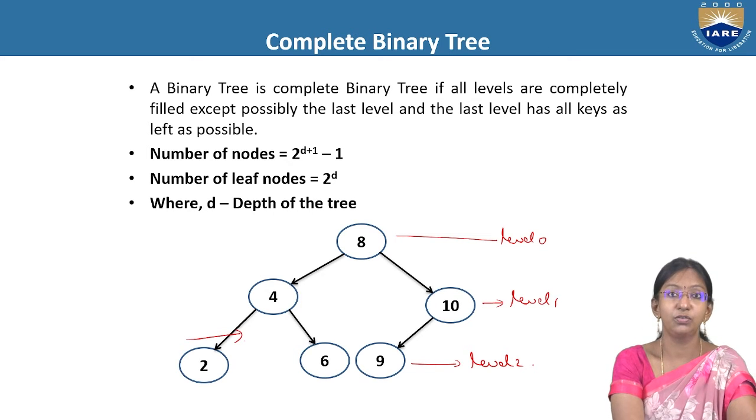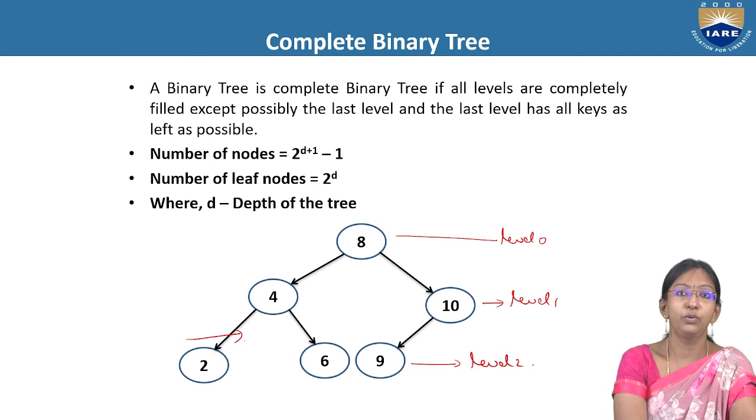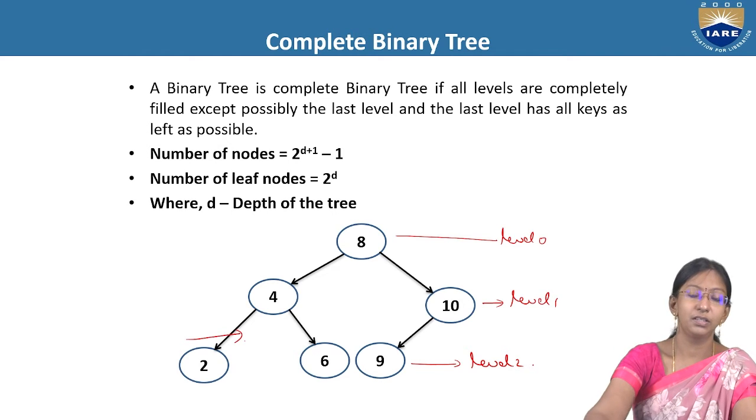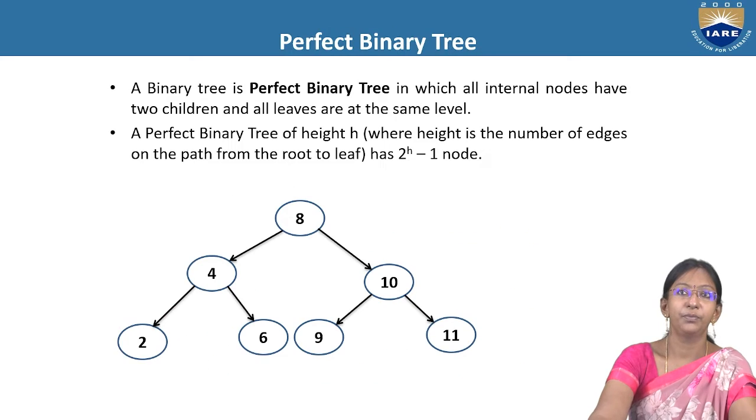So such a tree is known as complete binary tree. And it goes with the depth of the tree: the number of nodes is 2 to the power of d plus 1 minus 1, and the number of leaf nodes is 2 to the power of d. Okay, so this is a complete binary tree. Then comes perfect binary tree.